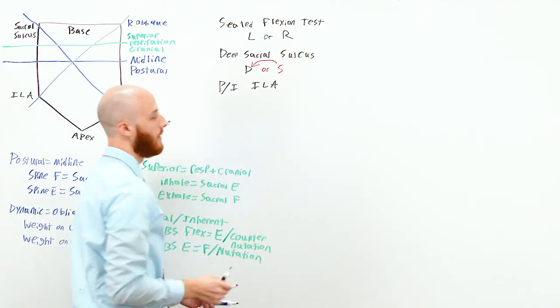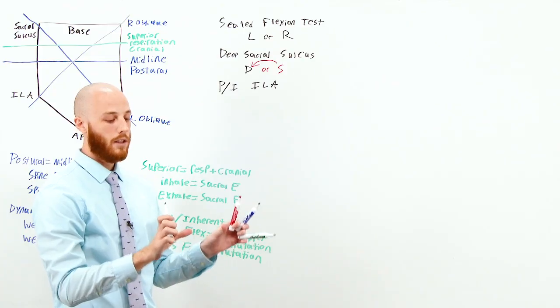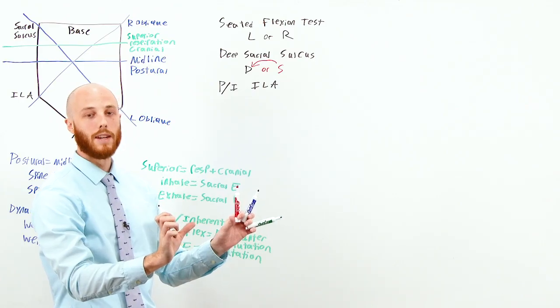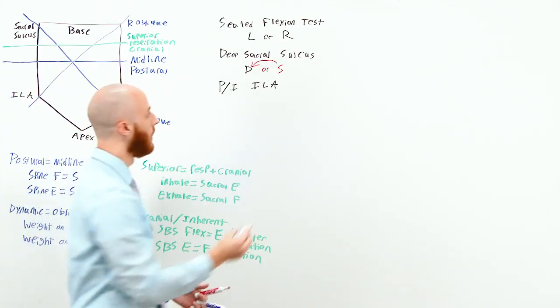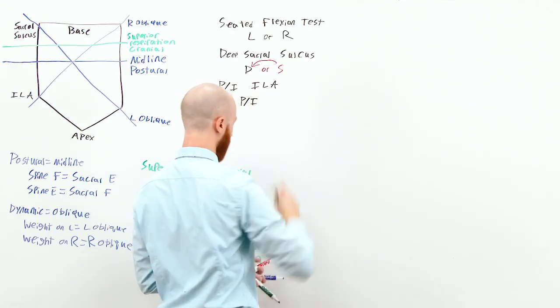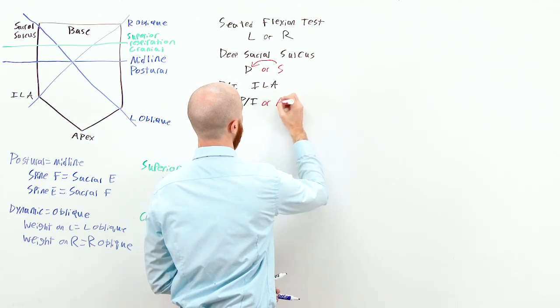Now posterior inferior ILA, you march your thumbs down to the ILA, you loop your fingers underneath, and you palpate which side is posterior and inferior. For that, you can have two different findings. You can either have a posterior and inferior side, or you can have an anterior superior side.